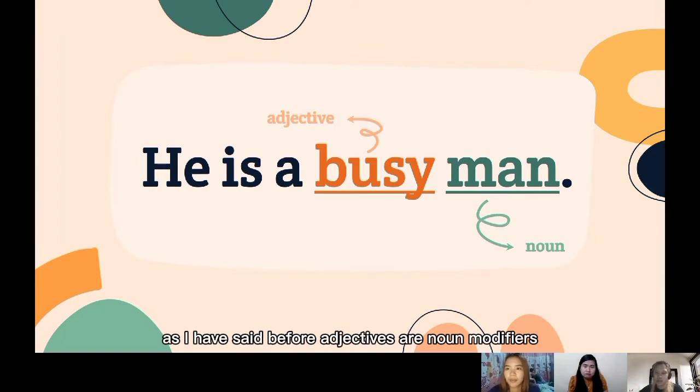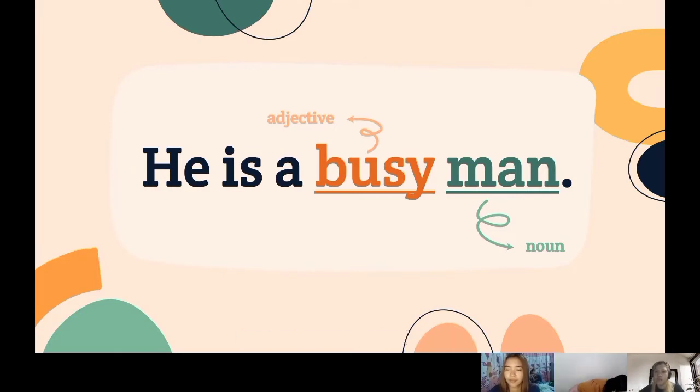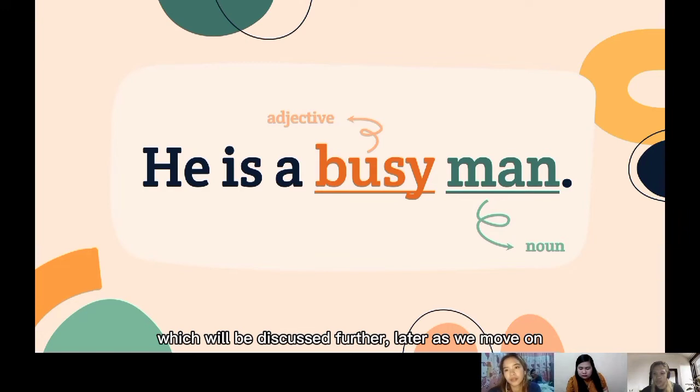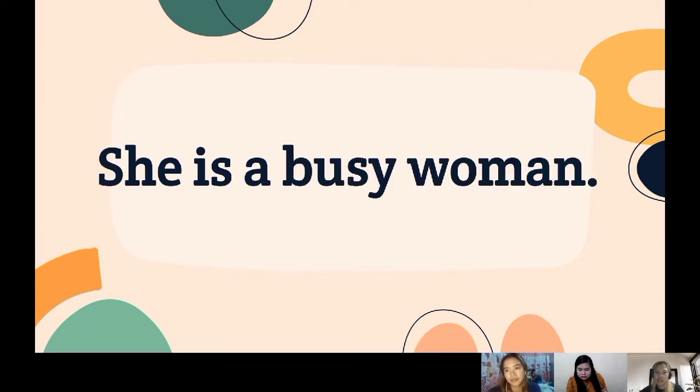As I have said before, adjectives are noun modifiers, and adjectives come before the noun. But that is not always the case. There are other ways to use adjectives, which will be discussed further later as we move on. Let's take a look at this sentence.